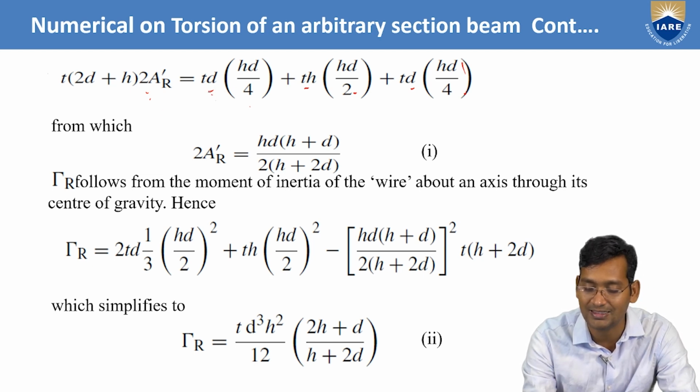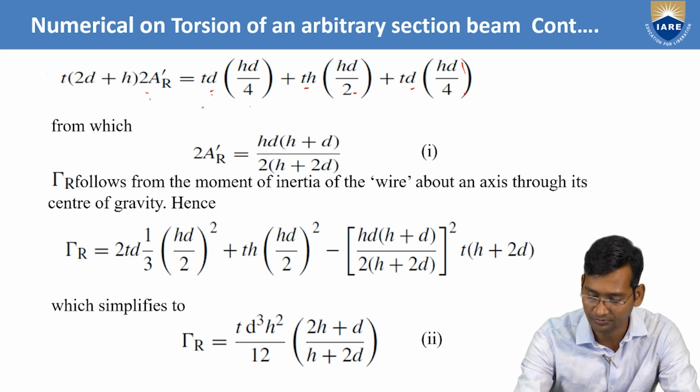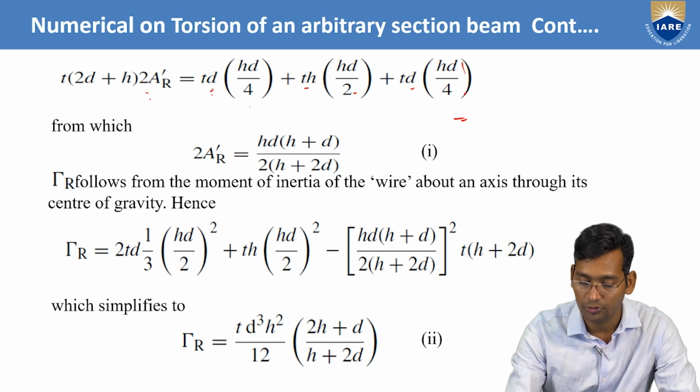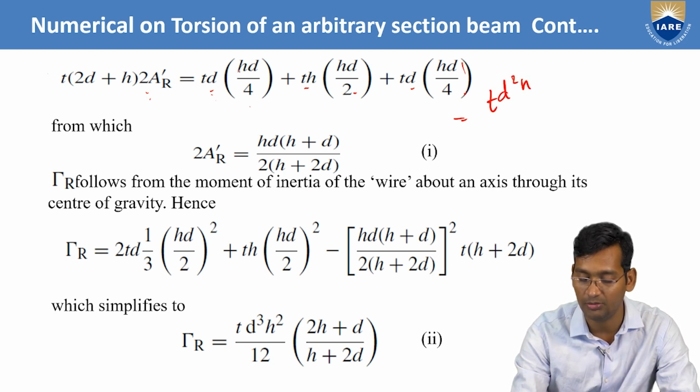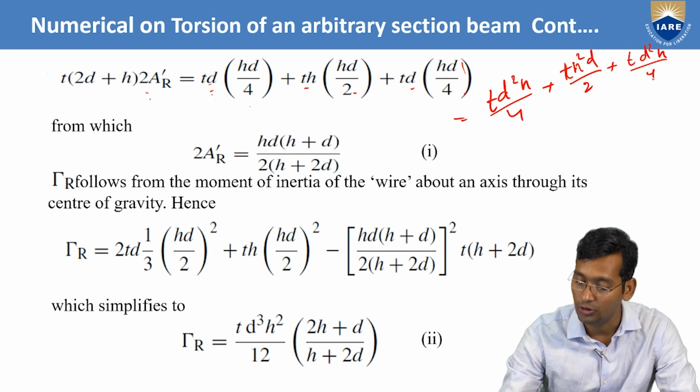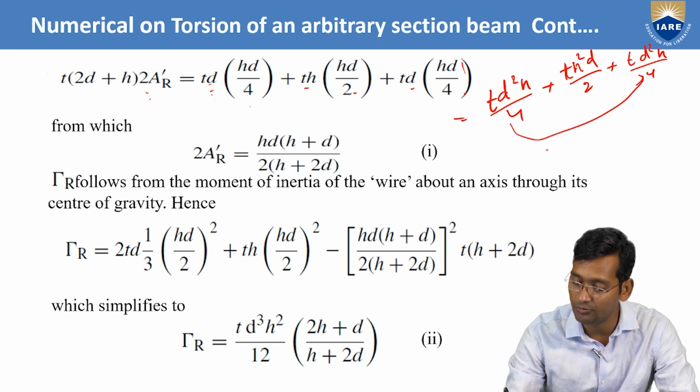From which now, just see this is there. If you multiply and simplify, just expand this one. So let's see what you are getting. After multiplying this part, I am just reading: TD square H by 4 plus from here T H square D by 2 plus here T D square H by 4. So TD square H by 4 and TD square H by 4, what we will get?